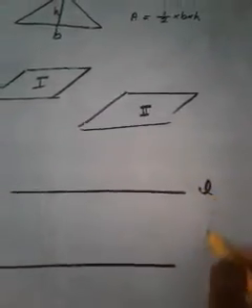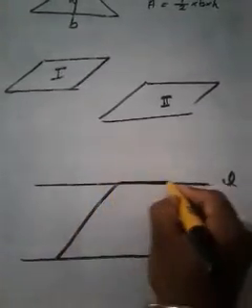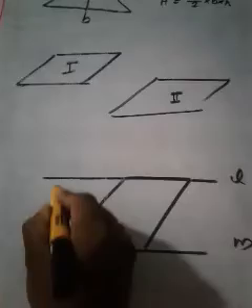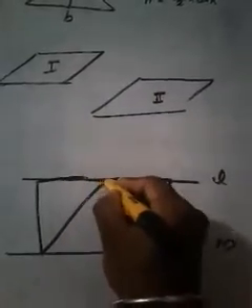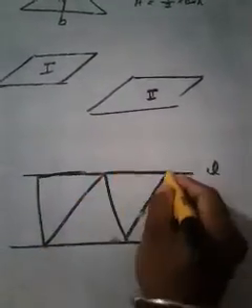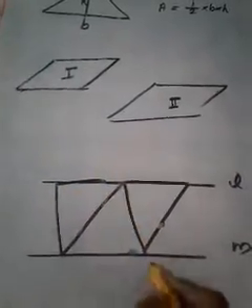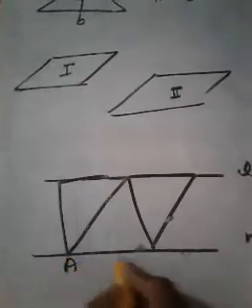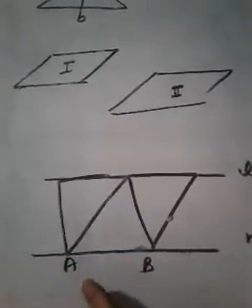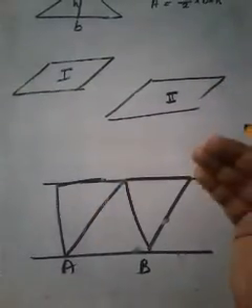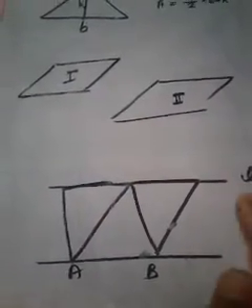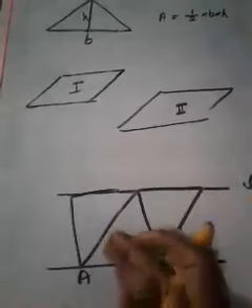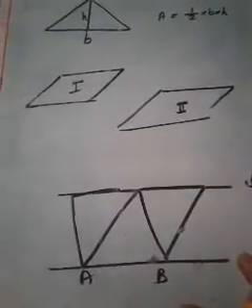If you draw two parallelograms between two parallel lines such that both have the same base, let it be AB, and both lie between the same parallel lines, then we can say that the area of the first parallelogram is equal to the area of the second parallelogram.